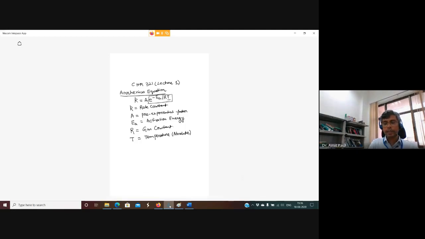Okay? And specifically, if we look at the exponential part, this part is basically suggesting that an activation energy is required to be overcome for a reaction to happen.